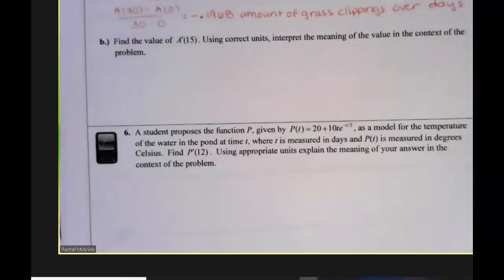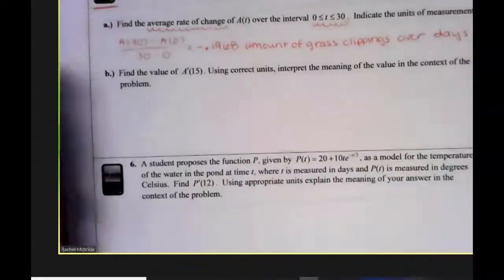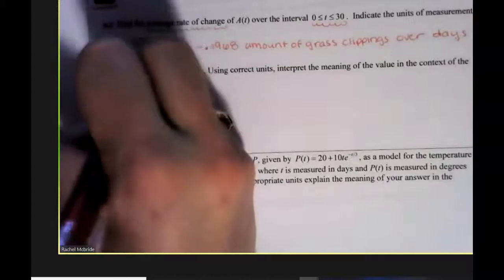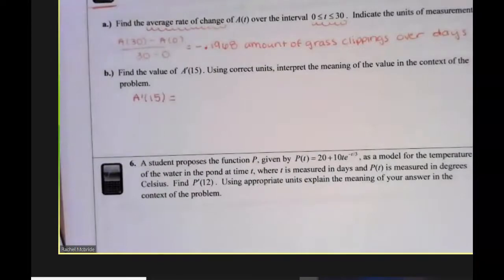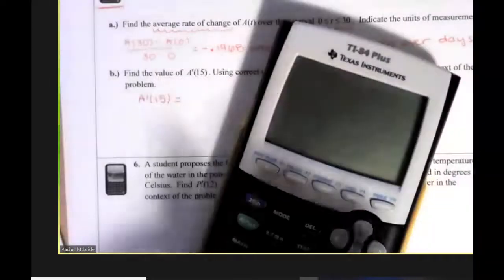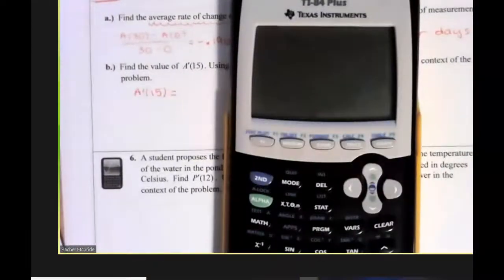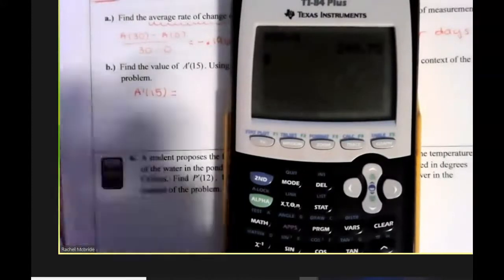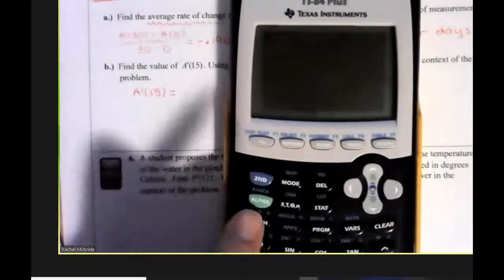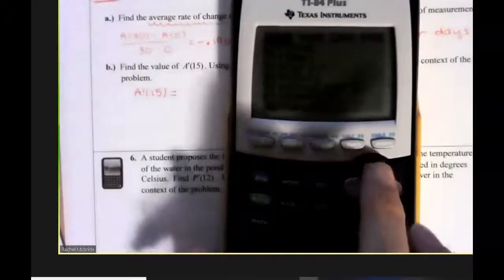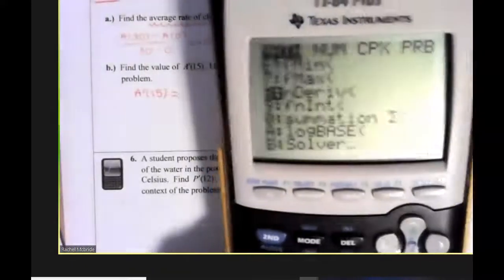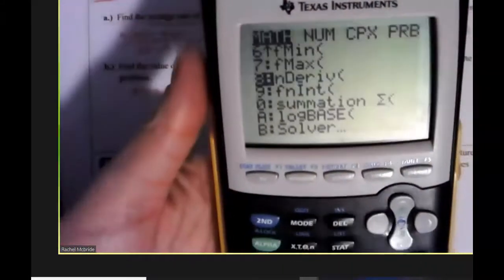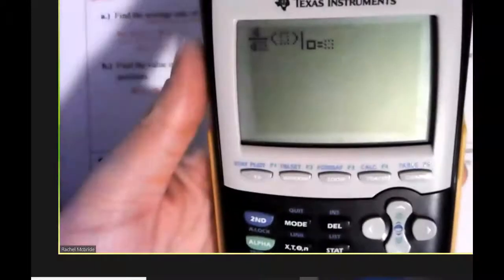Find the value of A prime 15. So A prime indicates a derivative. So A prime of 15 is going to come straight from your graphing calculator. We're going to use that NDeriv feature. So you turn your calculator on, go to Math, go down to the option NDeriv. Hit enter.